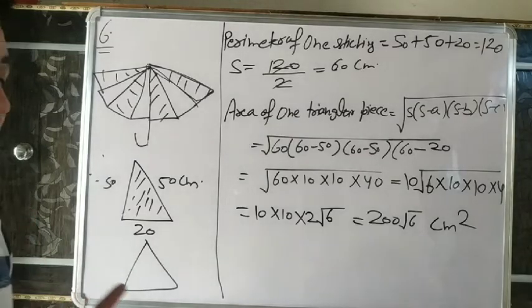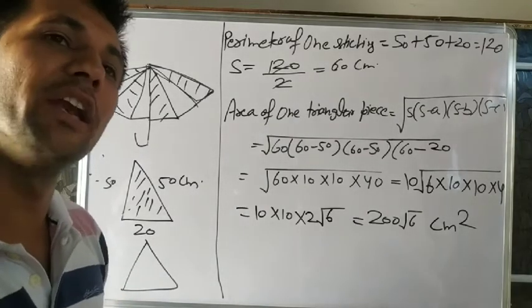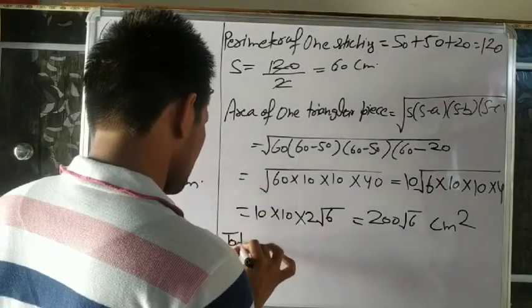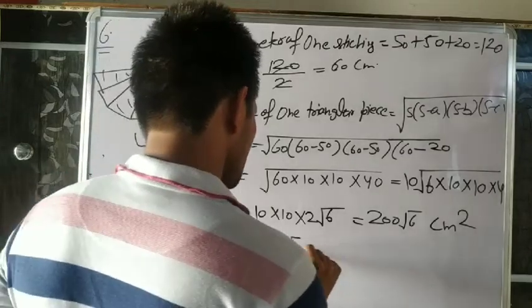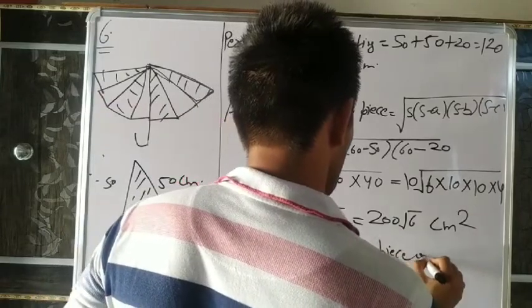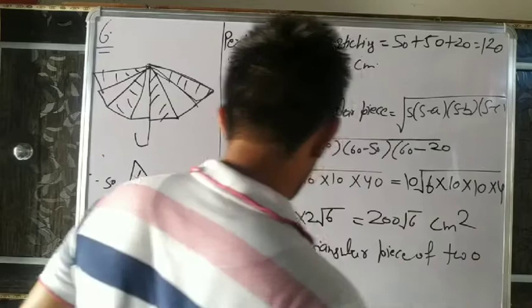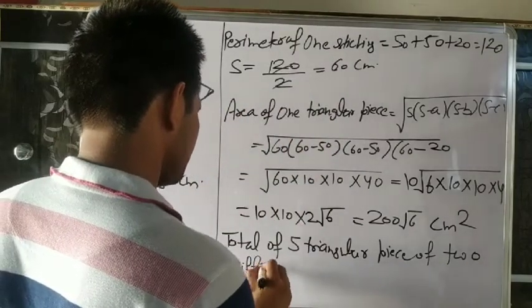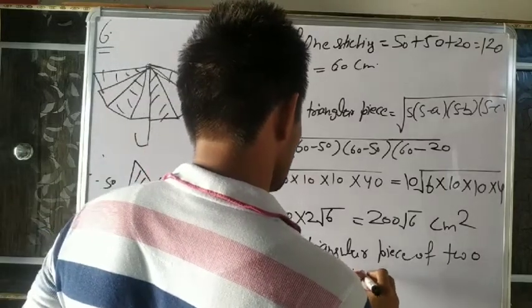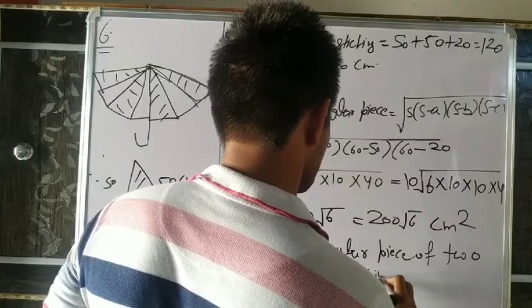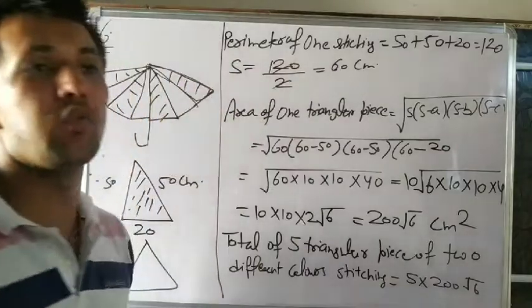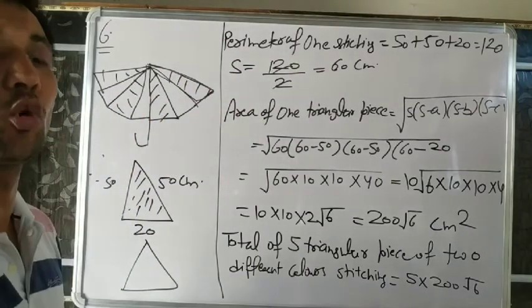But in each color how many triangular pieces? 5 triangular pieces. So how much area? So we write the total area of 5 triangular pieces of 2 different color stitching. How much? 5 multiply 200 root 6, because the cost of one pencil is 5 rupees, cost of 2 pencils is 2 into 5.